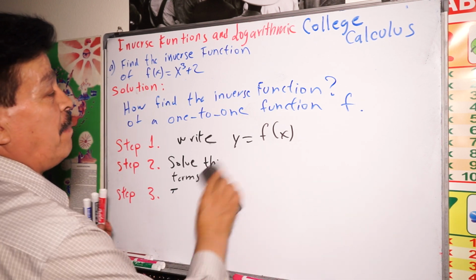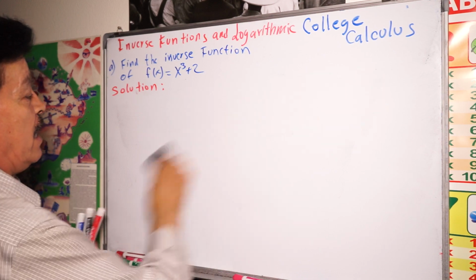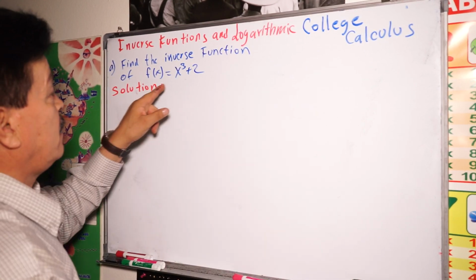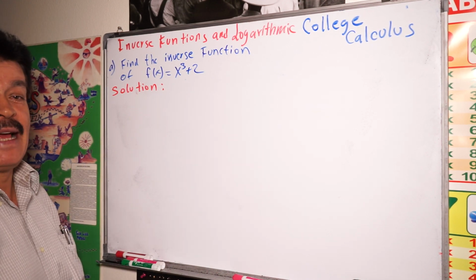Okay, let's apply all this knowledge about how to find the inverse function of f(x) equals x to the third power plus 2.